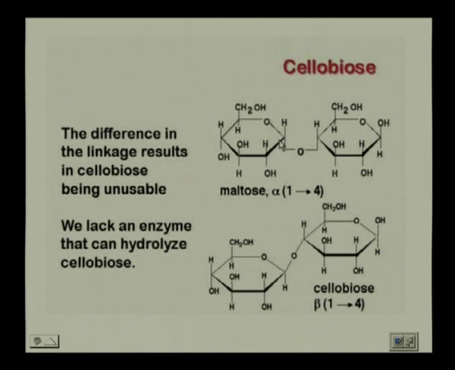Now, just because this linkage is different, we have an enzyme that can break this disaccharide down, but we do not have an enzyme that can break this disaccharide down. Okay? It is that specific. Of all the enzymes that break down sugars, which we will see later on, we have an enzyme that can break maltose, but not an enzyme that can break cellobiose, and the only difference is that this is a beta 1,4 linkage and this is an alpha 1,4 linkage.